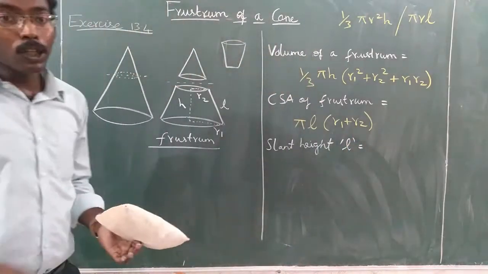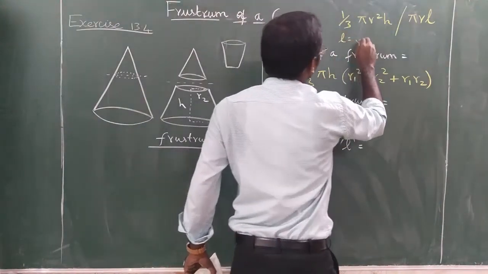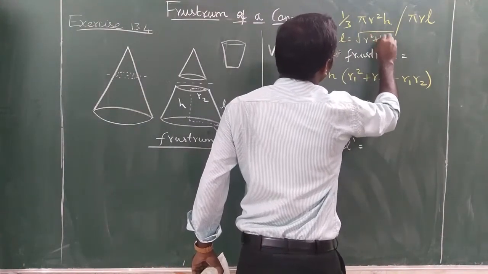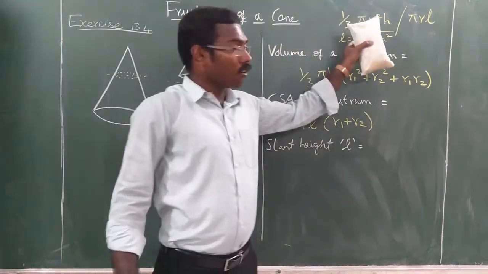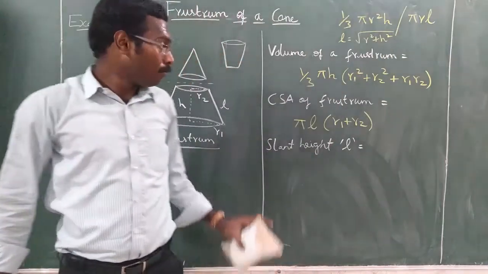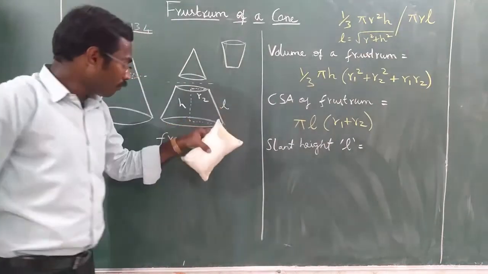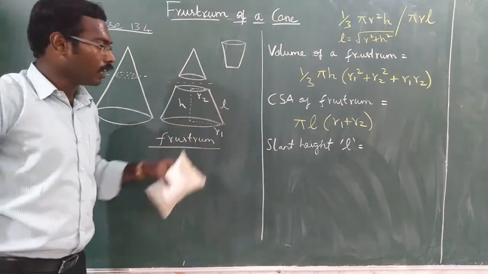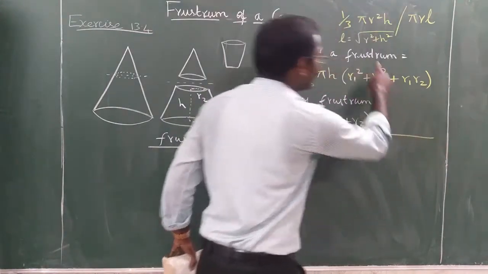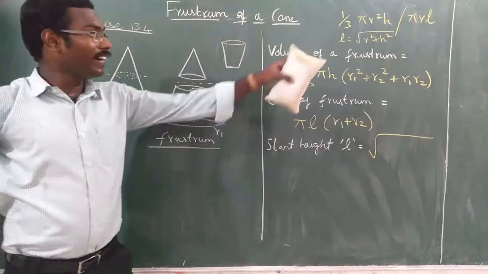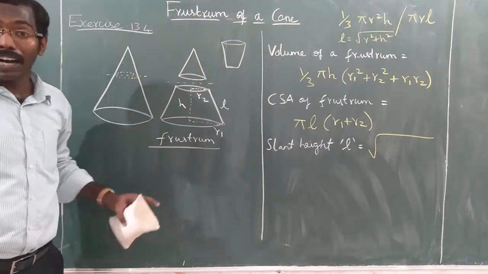Okay. Usually the formula for slant height is L is equal to root of r square plus h square. This is the normal formula, that is cone formula for slant height. But in cone there is only one radius, single radius, but here one big radius and one small radius. So you will write like this, root of, instead of writing r, we have two radius, one big radius and another one small radius.